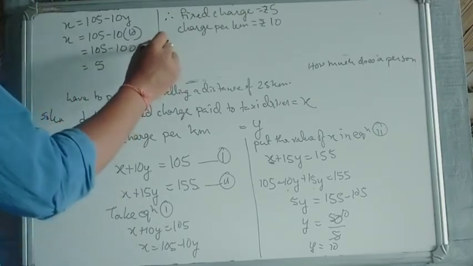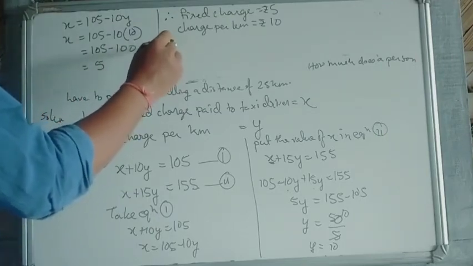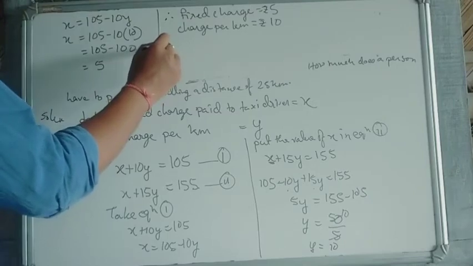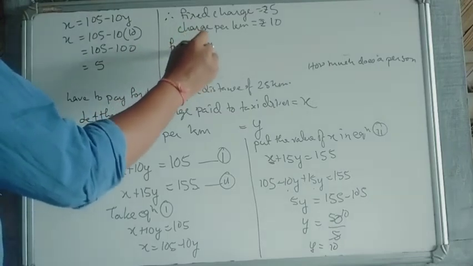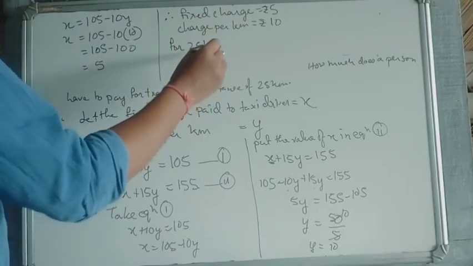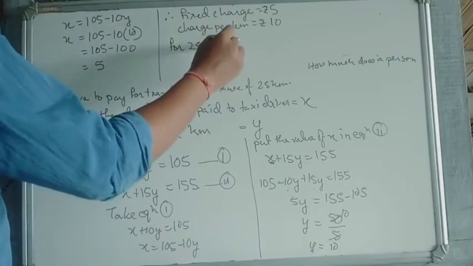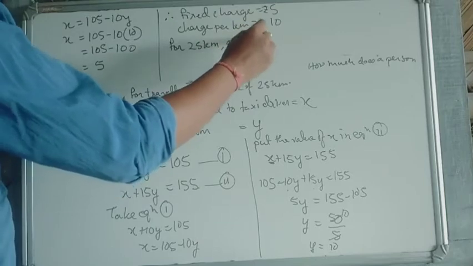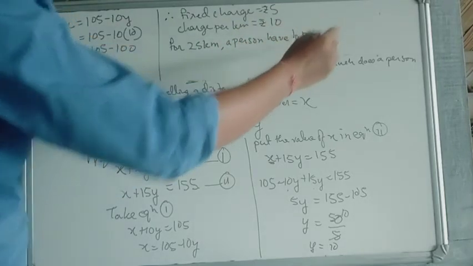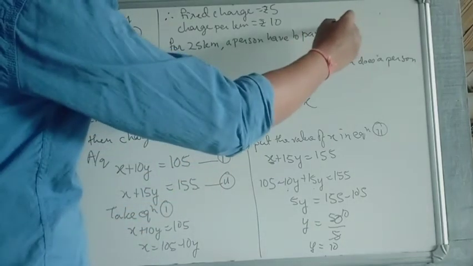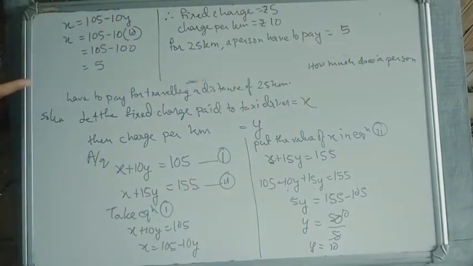So you will say, for 25 kilometers a person has to pay how much? The fixed charge, that is 5 rupees. Now we don't have to put x, right?